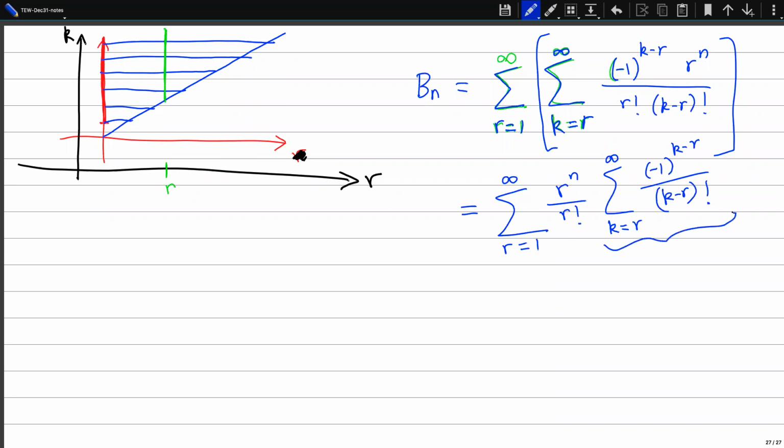Does that look familiar? Some change of variable for the variable of summation will help.